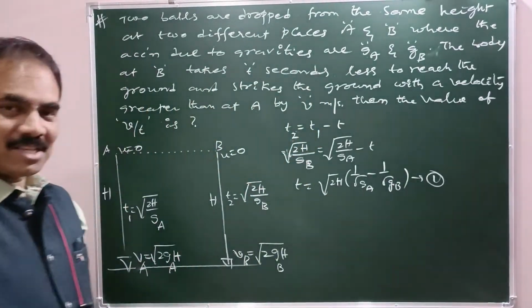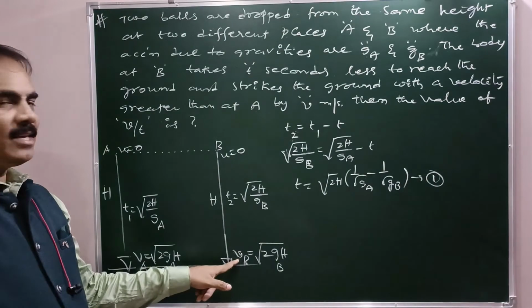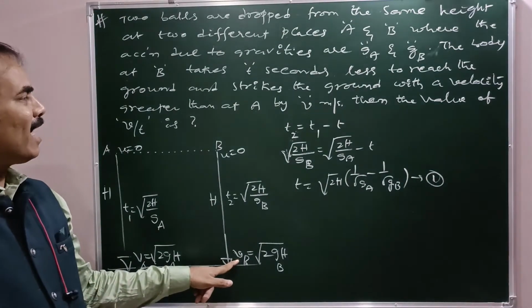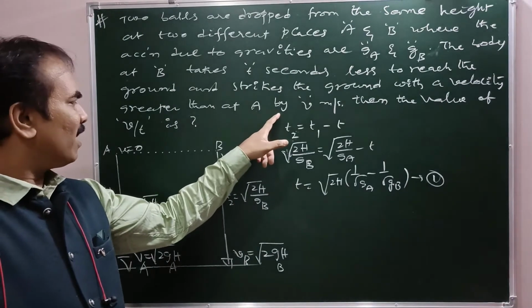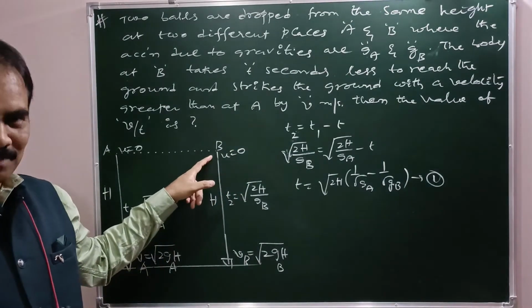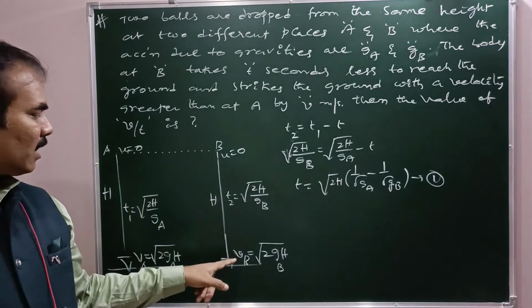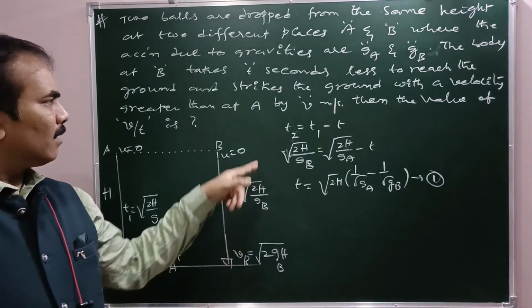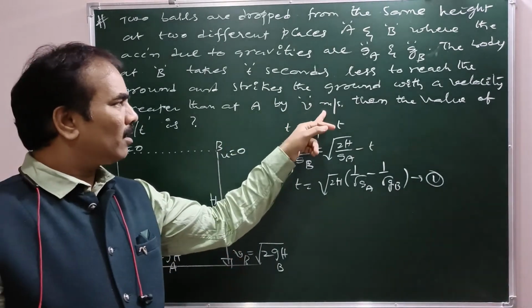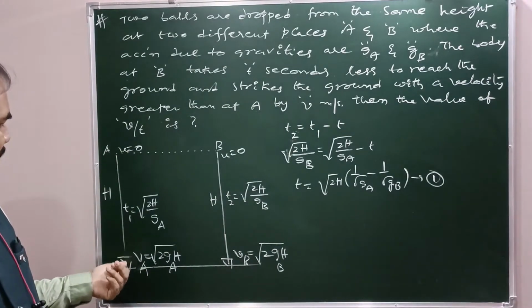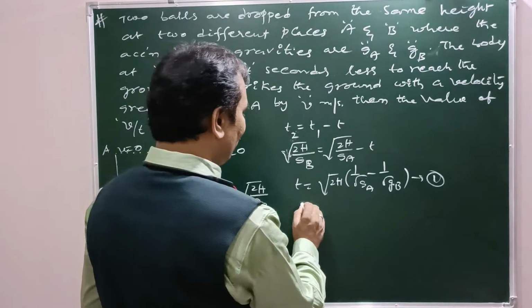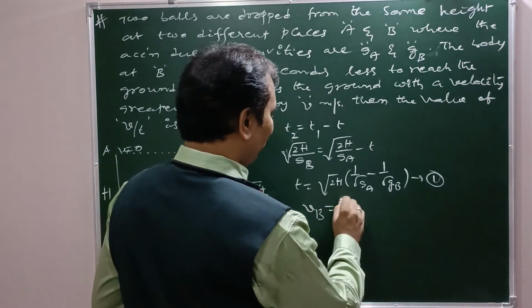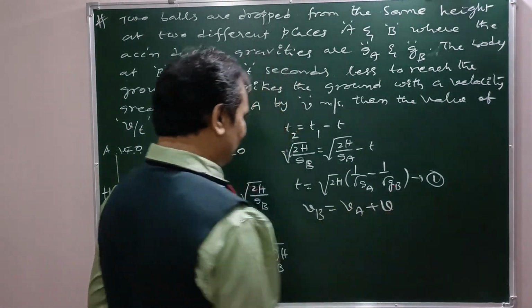Now as far as velocities are concerned, VB is somewhat more than VA. See from data, when the body is dropped at place B, it acquires a velocity V meter per second more than the velocity acquired at place A. That is VB equal to VA plus V, right?